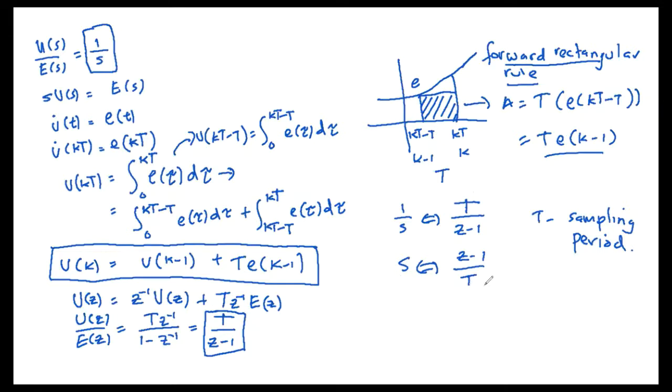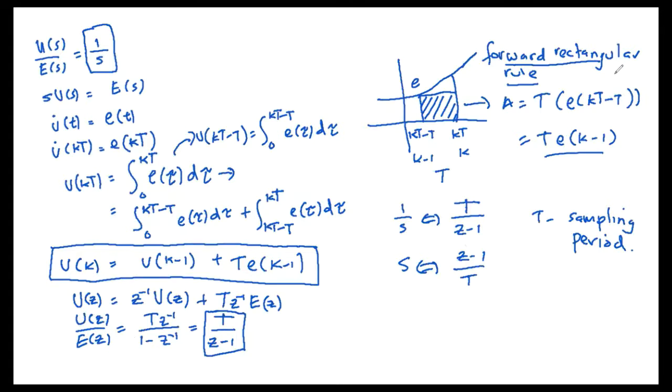So this is how we get s equivalent to z minus 1 over t. So now in our equation, in place of s, we can substitute z minus 1 over t, and we expect to get an equation in terms of z. So we have converted our continuous system into a discrete one using the forward rectangular rule.